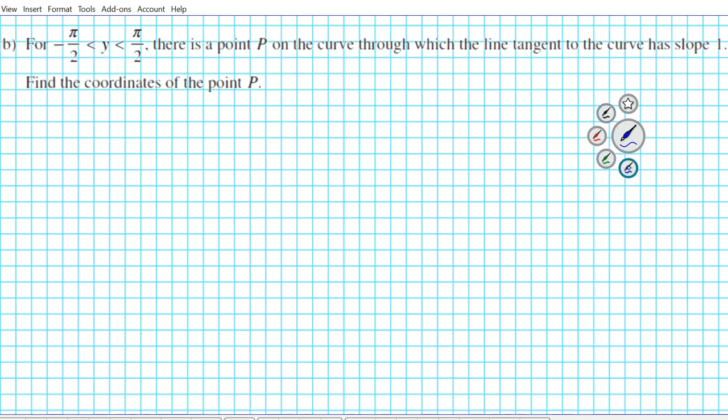First things first, we have to know what the slope of a tangent line is symbolically or algebraically.